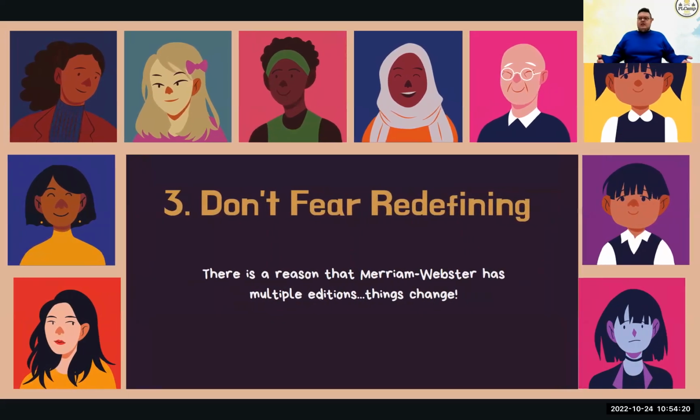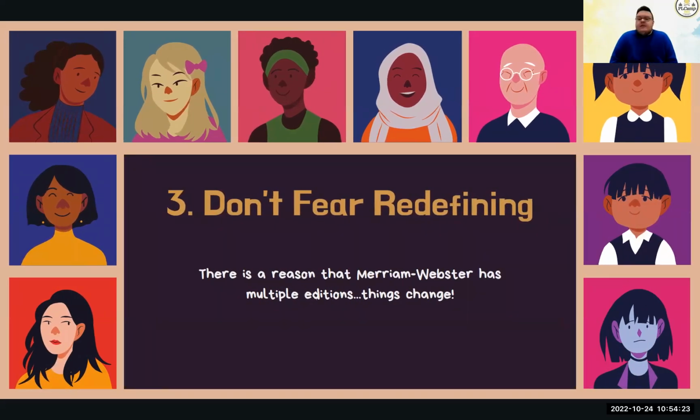So the third point I have, don't fear redefining. Dictionaries have different volumes and editions because things change. So in my classroom, we discuss what equitable means at the beginning of the year.